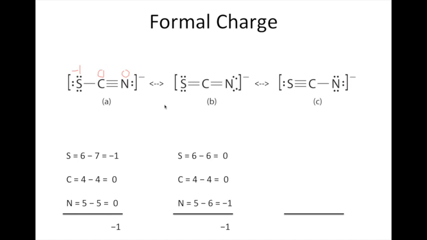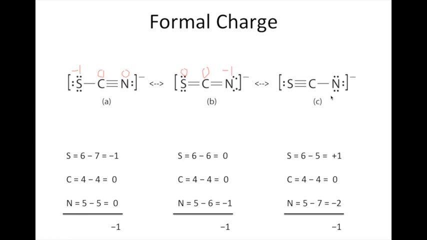For our second resonance structure, you can see our sulfur owns 6, and it has 6 valence, so it has a 0. Our carbon has a 0 formal charge, and the nitrogen is in group 5, and it owns 1, 2, 3, 4, 5, 6, so the nitrogen in this resonance structure is a -1. Again, they all add up to -1.